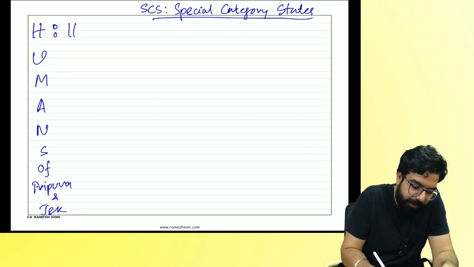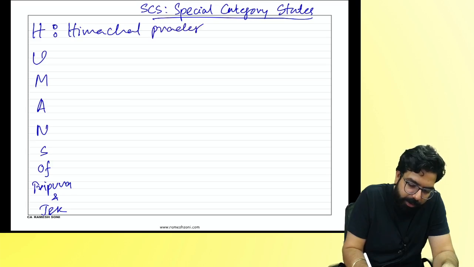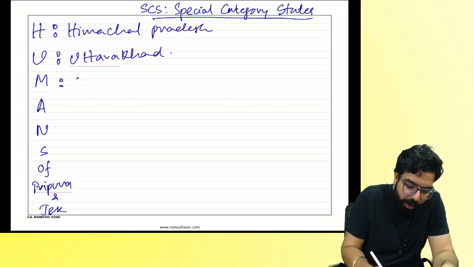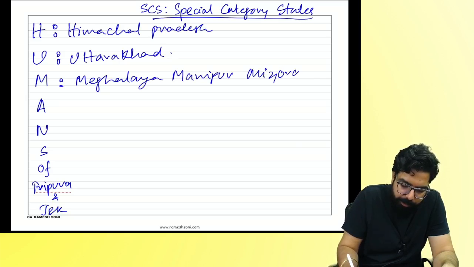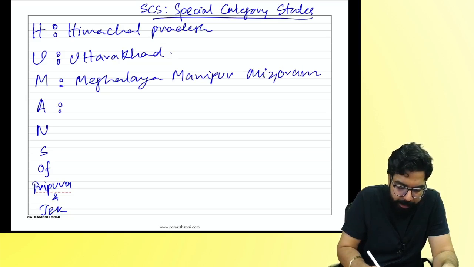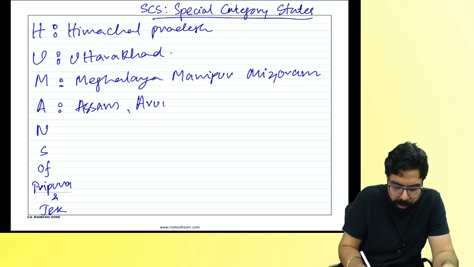H for louder. U for Uttarakhand. M for Meghalaya, Manipur, Mizoram. A for Assam, Arunachal Pradesh.